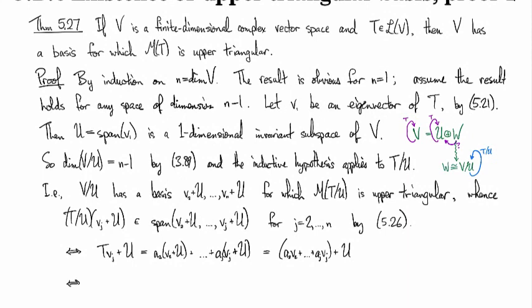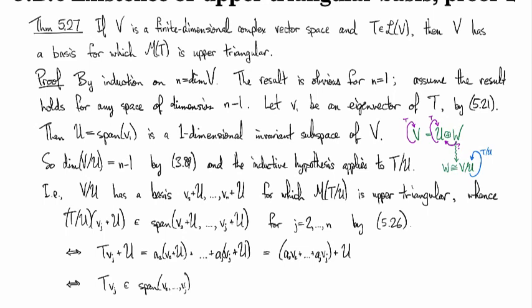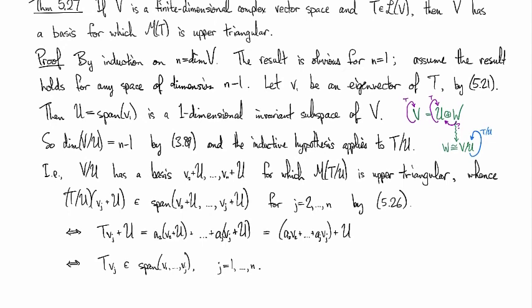Then TVj plus U looks like that linear combination plus U if and only if TVj is in the span of V2 to Vj. And actually, now that we're out of the quotient space, this uses all of them. Whoops, up to n. There we go.